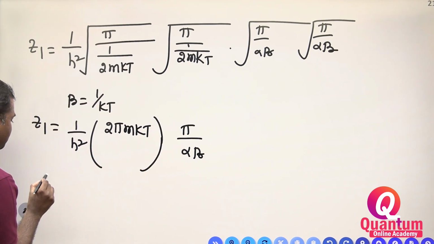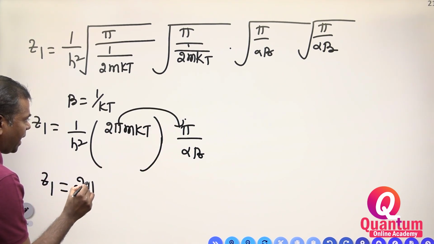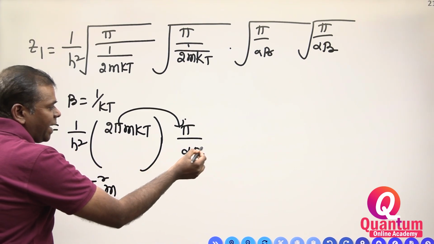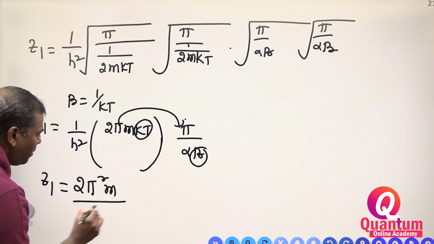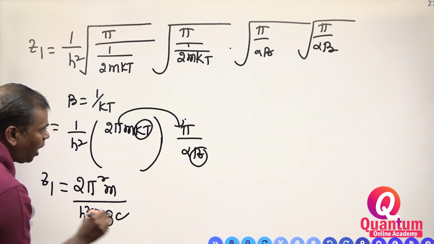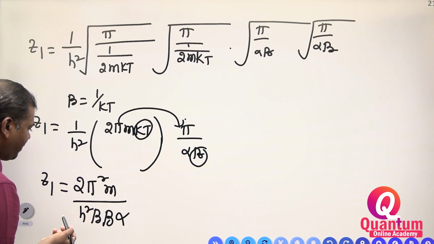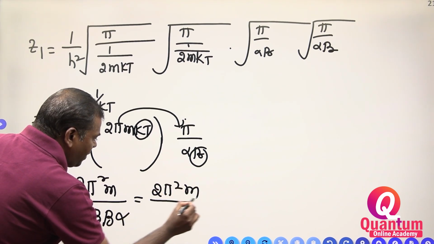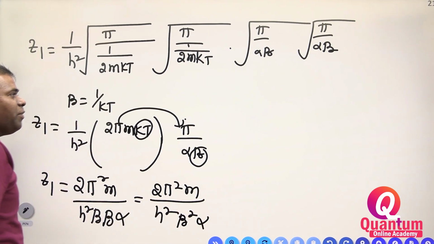Now you will be able to see Z1 is equal to 2 pi square m divided by h square beta into beta, beta square alpha. Since kT is equal to 1 by beta, nothing else is there. That's why we write 2 pi square m divided by h square beta square alpha. That is for one particle.